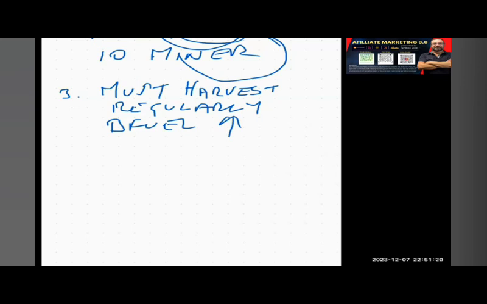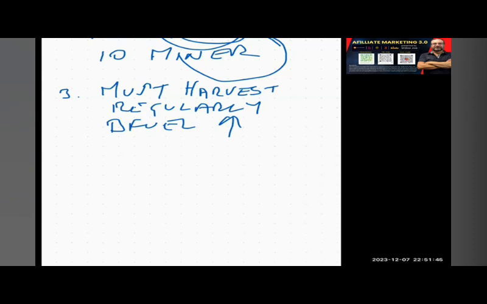So in the case of the 10x, $900 a month. If you've got two of those, that's $1,800 a month. So it's really important to remember to harvest regularly, because if you're partial harvesting, then the minimum you can harvest is 1%.